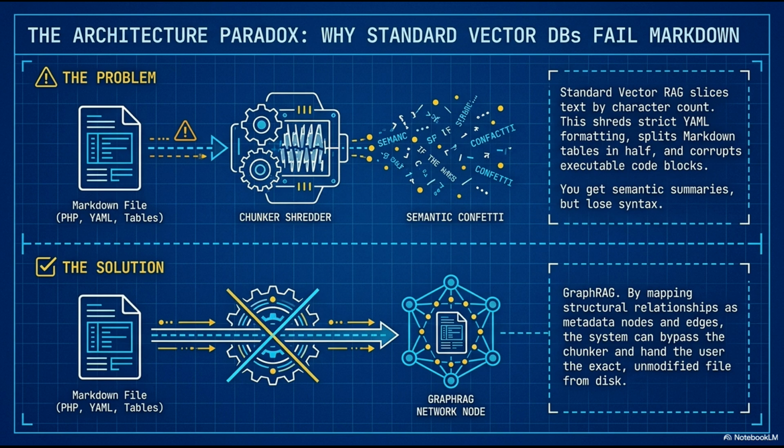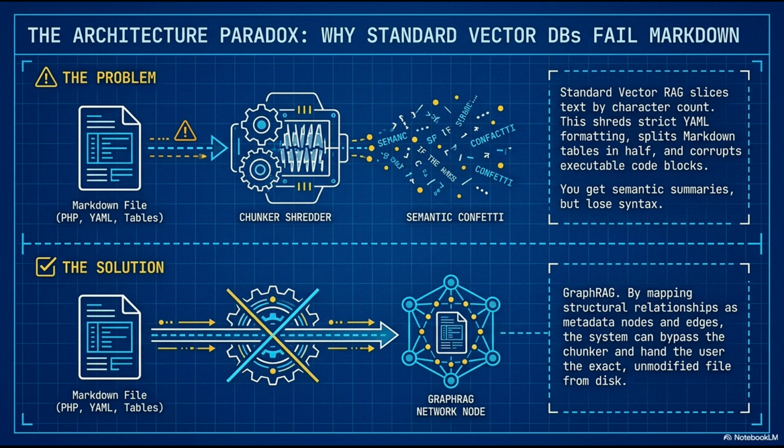Yes, a property graph maps semantic relationships as distinct entities rather than just flat text chunks. It understands that a specific text block is structurally dependent on a specific header. Right, it builds a map of nodes and edges. Exactly. For example, it maps that the entity MariaDB has a dependent edge connecting it to the entity Linux.